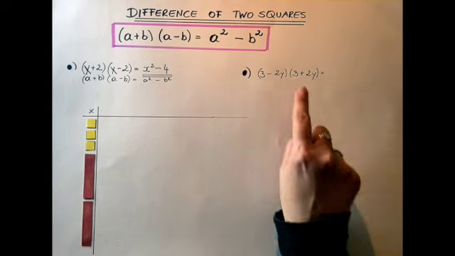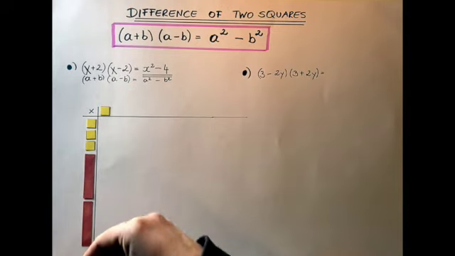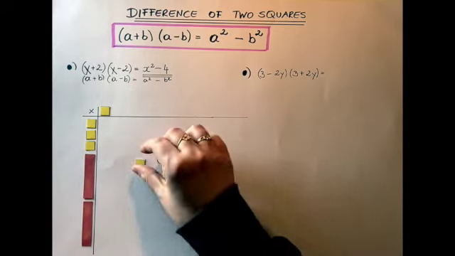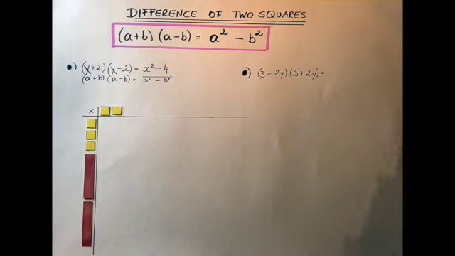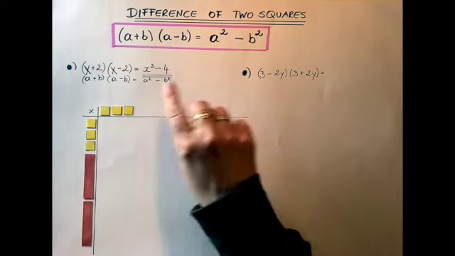And in our second bracket, we have again 3 units. 1, 2, 3.